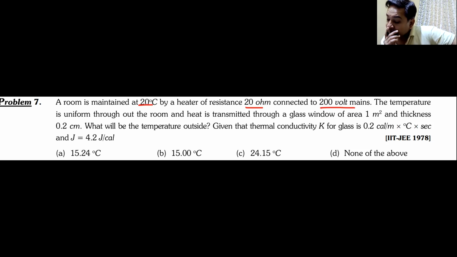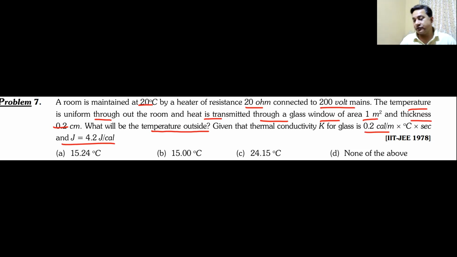The temperature is uniform throughout the room and heat is transmitted through a glass window of a given area and thickness. What will be the temperature outside? The thermal conductivity of glass and J are given. The question passes on to you. K A delta theta by L into T.